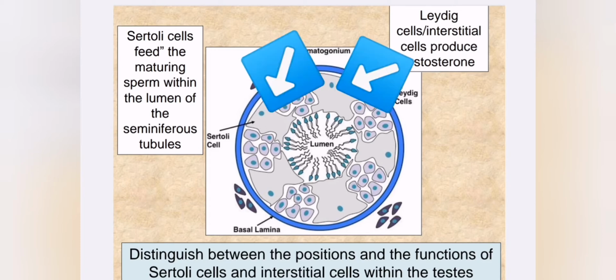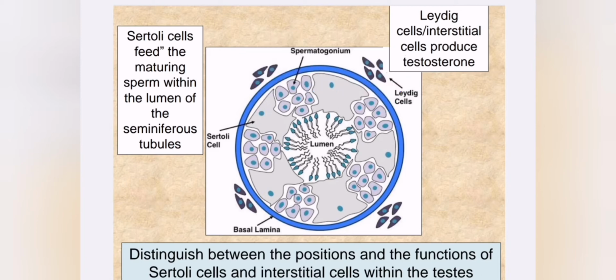Now, they are there to feed the maturing sperm as they develop, from germinal epithelium into sperm cells. The Sertoli cells are quite big, and on here you can actually see how there are quite a few developing sperm almost docked into or feeding into the Sertoli cell.